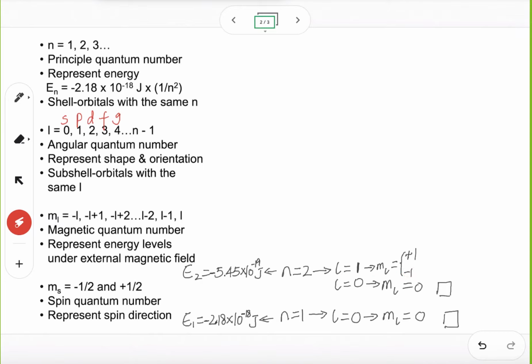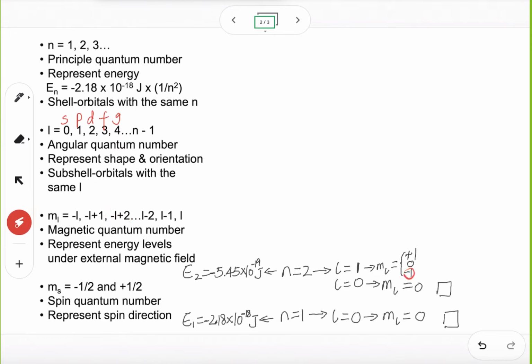Now, how about those middle values? We can follow what we have here. When you start from negative 1, the next possible value is negative L plus 1. Negative 1 plus 1 is 0, so the next value for ML is 0. The next value for ML is negative L plus 2.